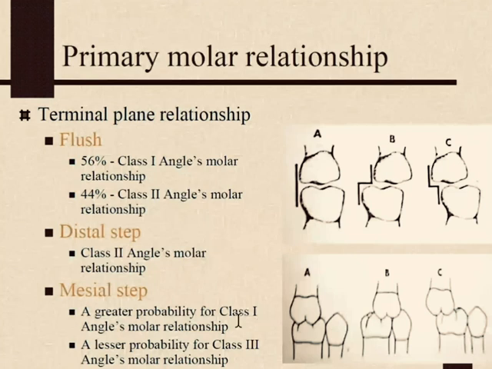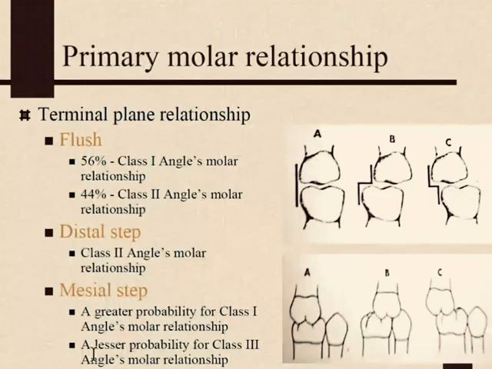If we have a distal step in the primary, we will mostly have a class 2 Angle's relationship. Sometimes we have what we call class 3. It can be present with a mesial step primary relationship, but with a very small probability.